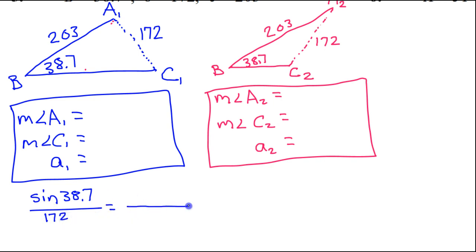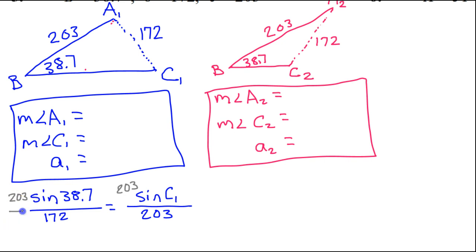Equals, and here I will have the sine of C1 over 203. Now, to get the sine of C1 by itself, I need to multiply both sides by 203.